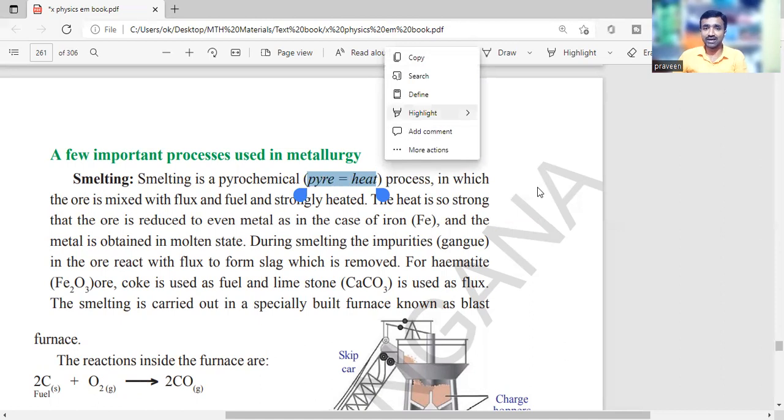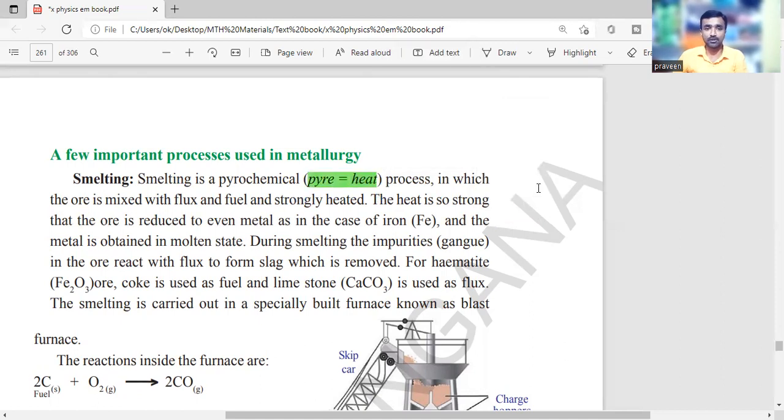That's why they are named pyrochemical processes. You need more heat energy, increasing the temperature, more than 1000 sometimes, to get them in a molten state.